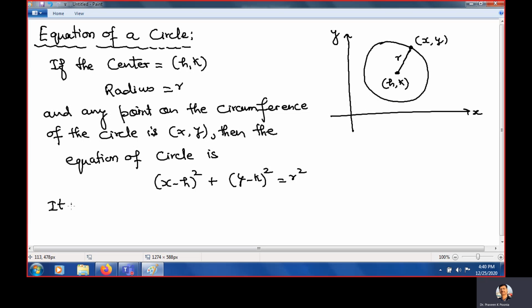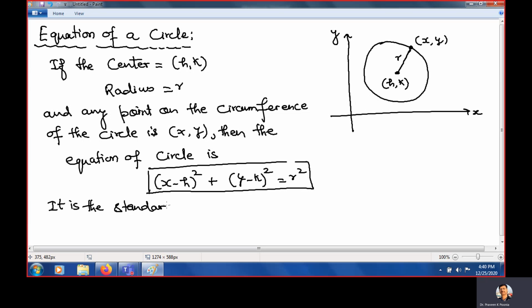It is the standard equation of the circle. Clear? Where, if somebody asks what is the radius, the radius is r.